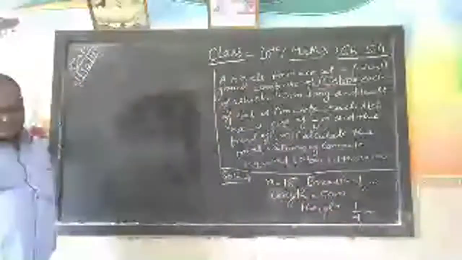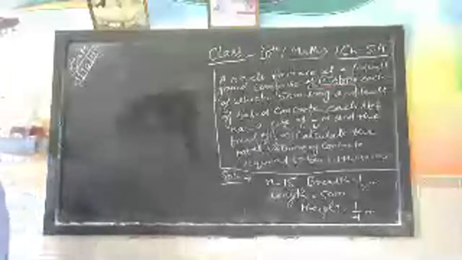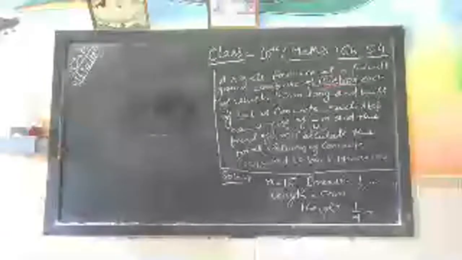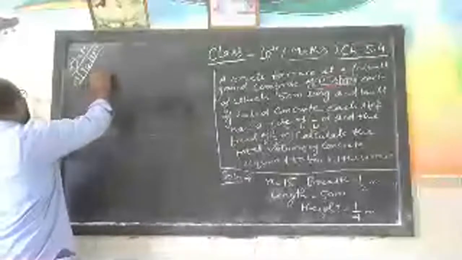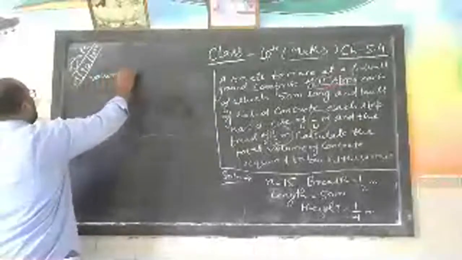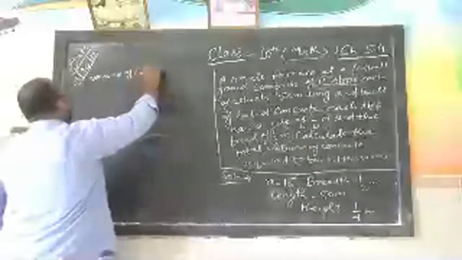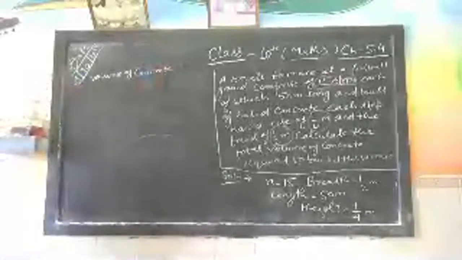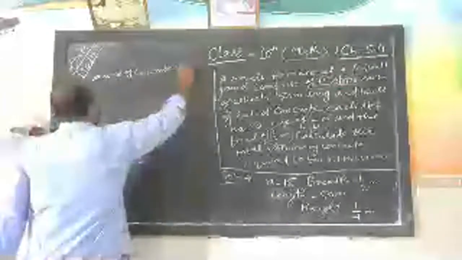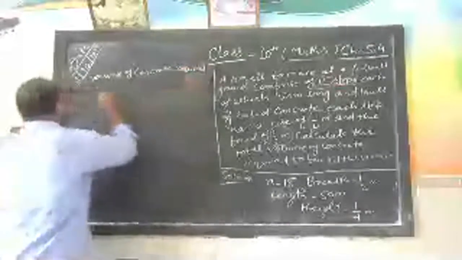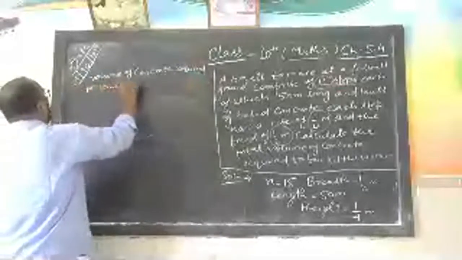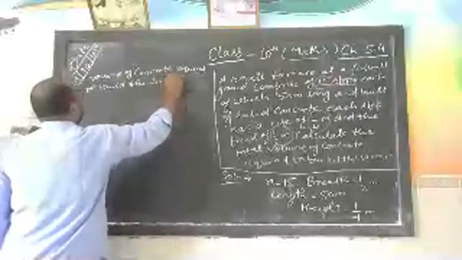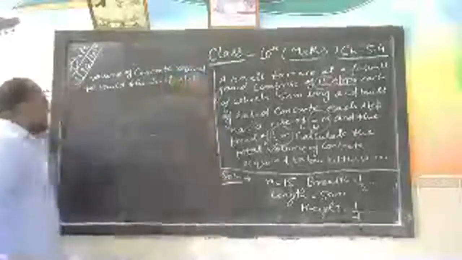So let's calculate for the first step. What you will write here is: volume of concrete required to build the first step, that is step 1.